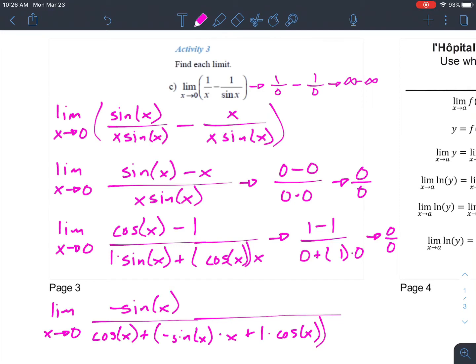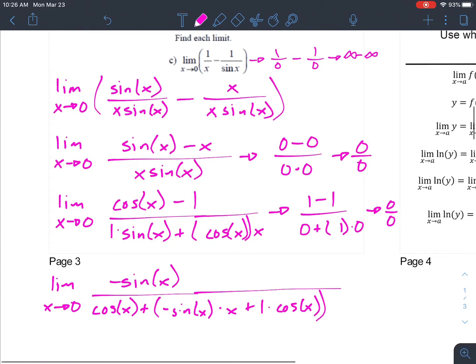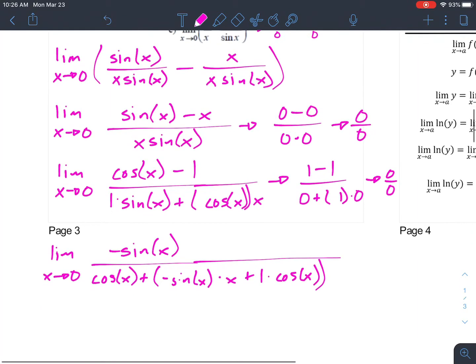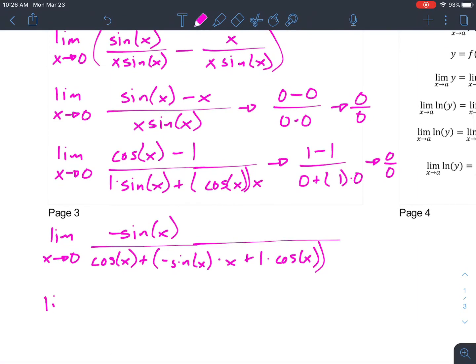Okay, now what we will do, just to clean it up a bit, I'm going to simplify a little. So up on the top, still negative sine of x. On the bottom, cosine of x, minus x sine of x.